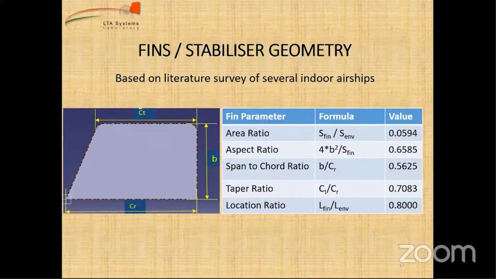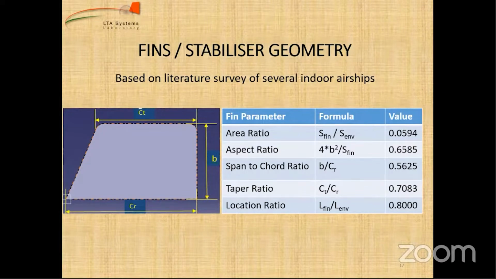No, not length of fin. The location of the leading edge of the fin from the nose of the envelope. What is the position of its leading edge to the total length of the envelope? So it's around 80%. So at 80% of the total length of the envelope, we have our fins. So it's at the trailing end of the envelope. That is the meaning for us.